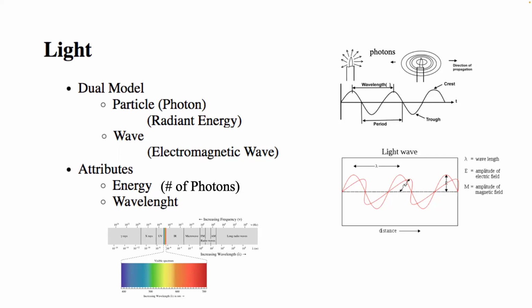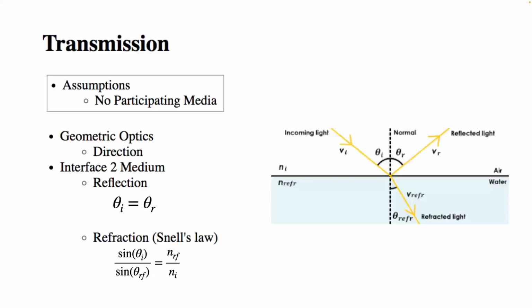And then each color of the visible spectrum is associated with a wavelength in this continuum, the frequency that the photons oscillate, right? So this is light, and here we are going to use more the particle aspects of the light.